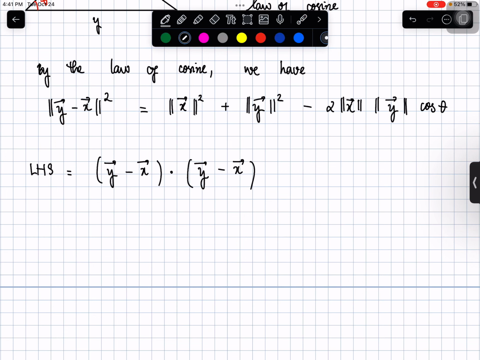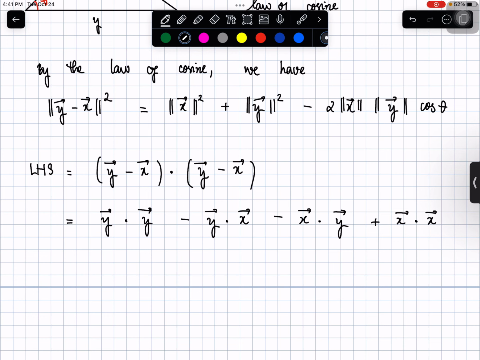Which gives us vector y dot y minus y dot x minus x dot y plus x dot x.